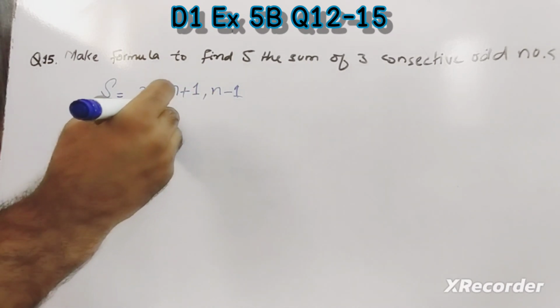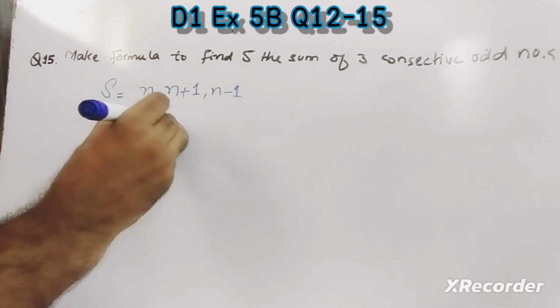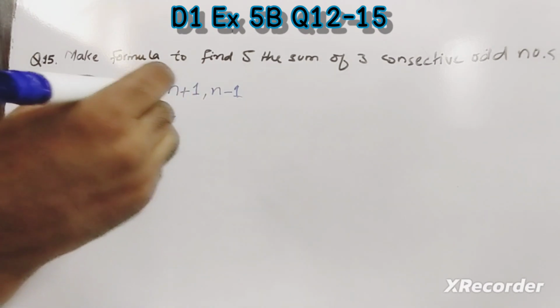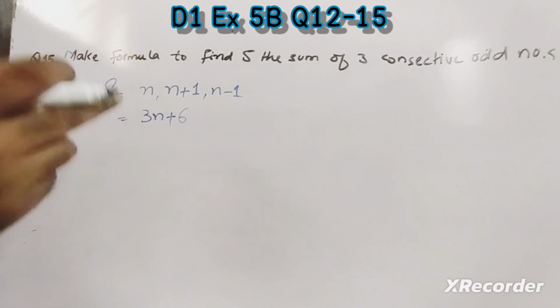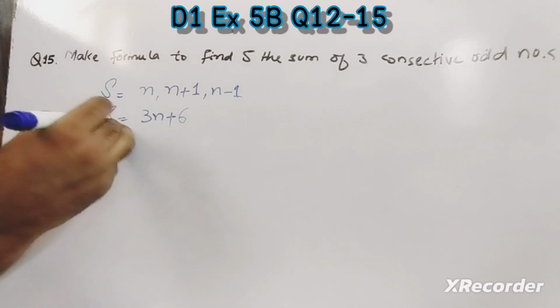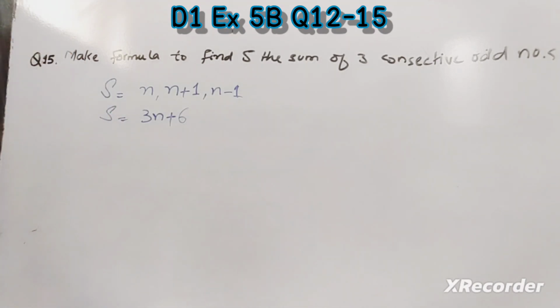So it should be written as 3n plus 6. Why I put plus 6 instead of 0 or nothing? We will see in the second part.